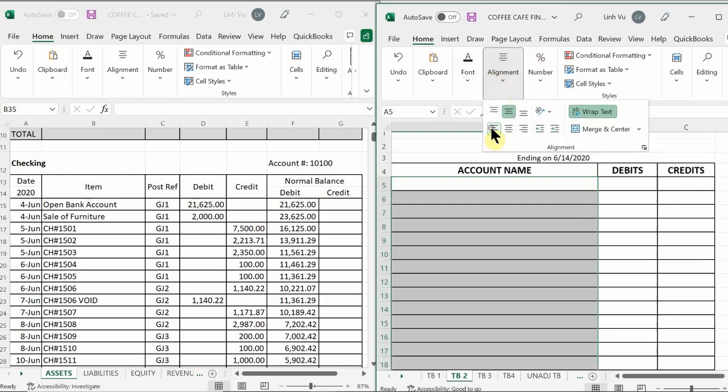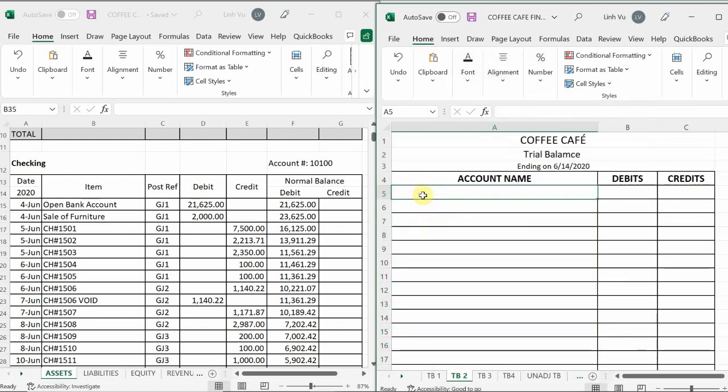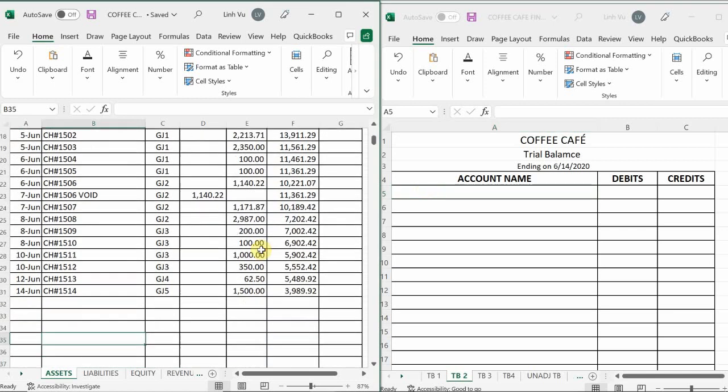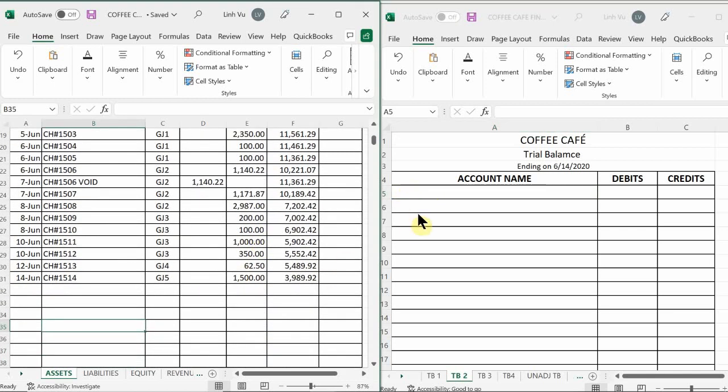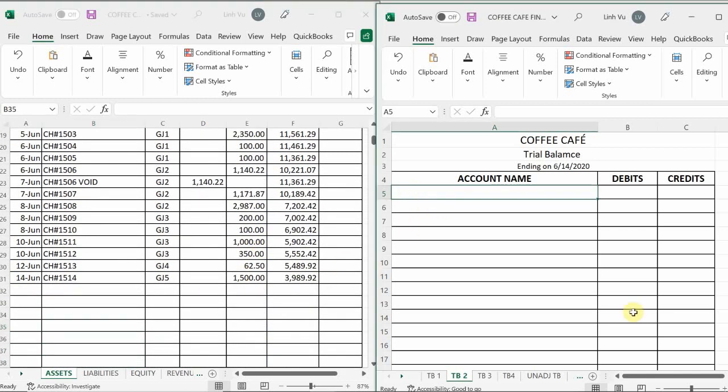At the end of the 14th, how much is my total balance right now? 3,989.92 on the debit side.